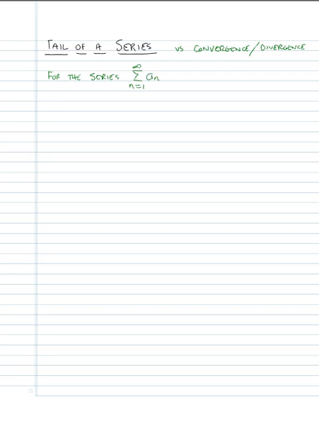Now, consider writing this out. Consider that that series looks like a sub 1 plus a sub 2 plus a sub 3 plus a sub 4, and this continues forever, doesn't it?